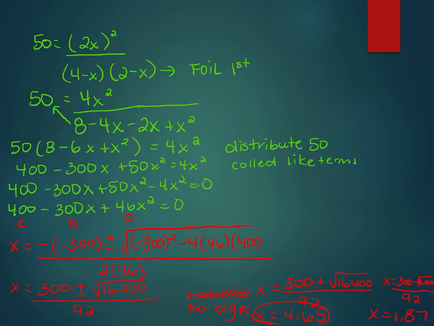Okay, so again, take your x value, so x equals 1.87, and make sure that you answer the question. So at equilibrium, we have H2 is 4 minus x. I2 is 2 minus x. And HI is 2 times 1.87.